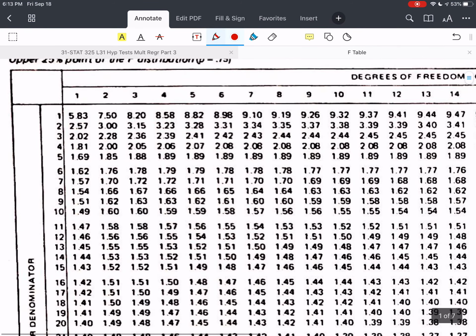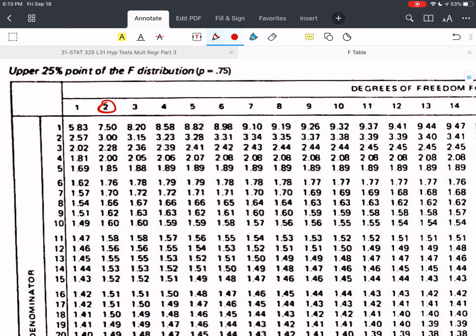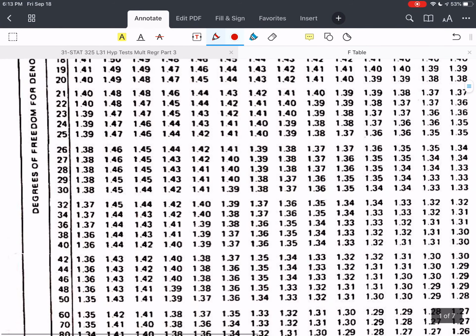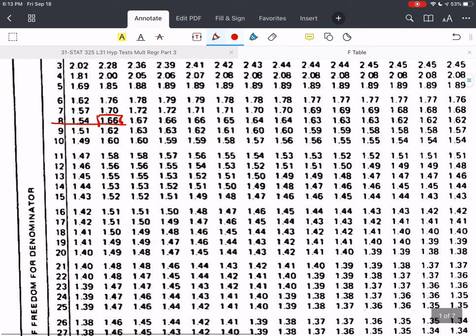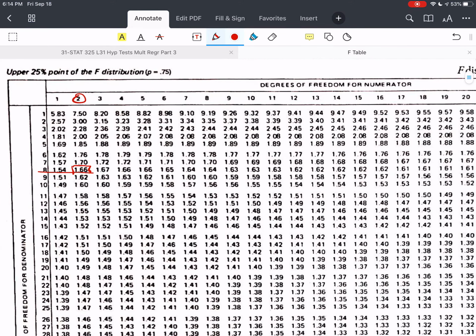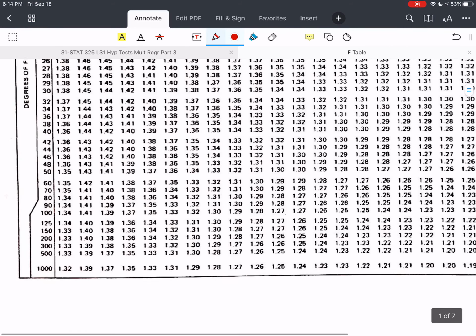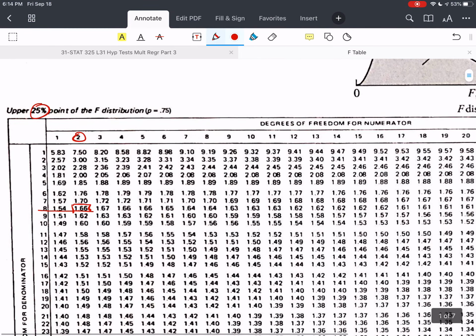So this is the upper 25%, 2, 8. So the p-value is going to be between 0.25 and 0.1. And let's see, so this value is 3.11, and this value is 1.66, and 2.13 is between there, and without a table, I wouldn't want to guess how close it is to which one. So this is 0.25 to 0.1, I'm using these values up here as the upper value.